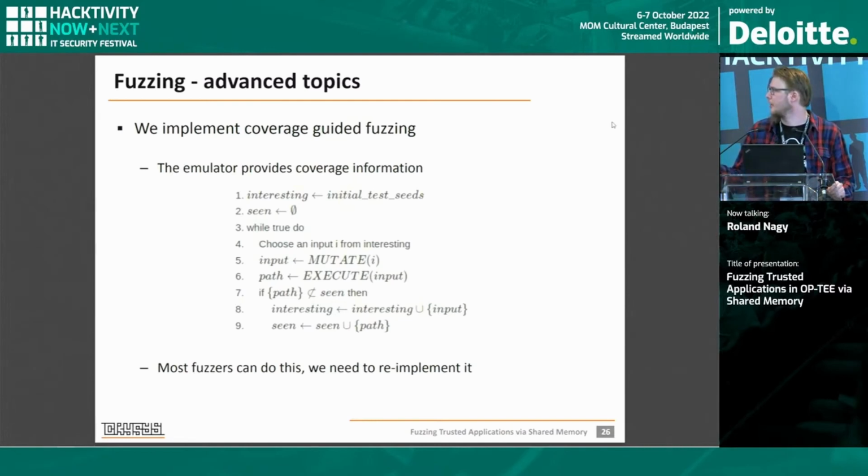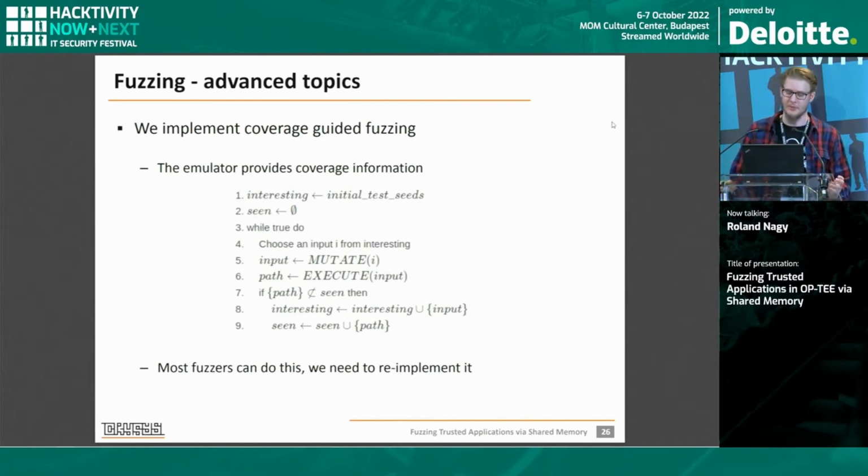We mutate it somehow, then execute our application with it, and then we get coverage data. And if we discover that these inputs could reach those parts of the code that we haven't discovered yet, then we consider this to be an interesting input. We add it back to the queue and update the set of already seen code blocks.